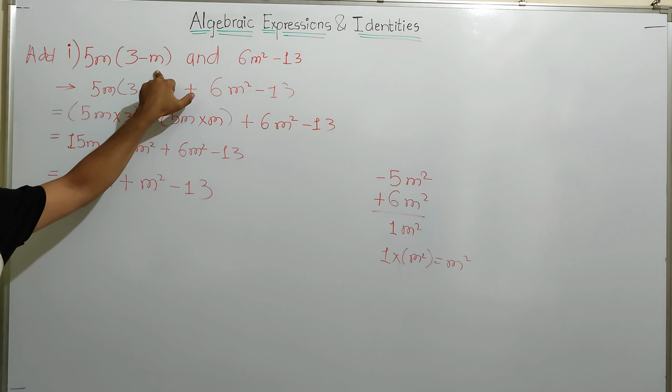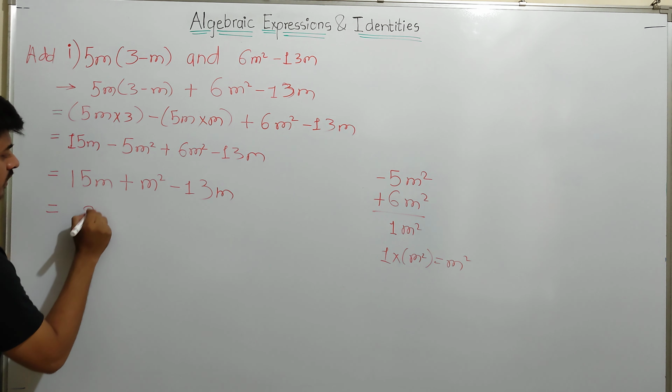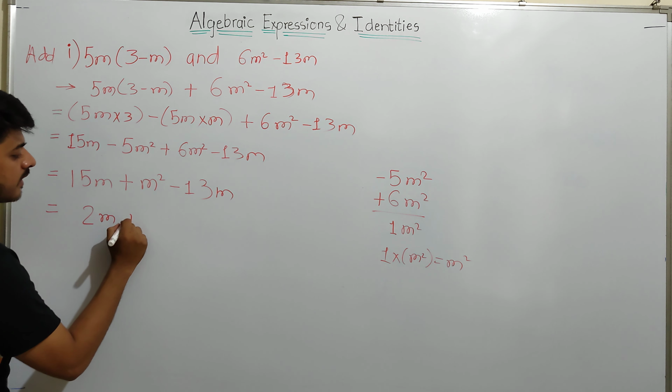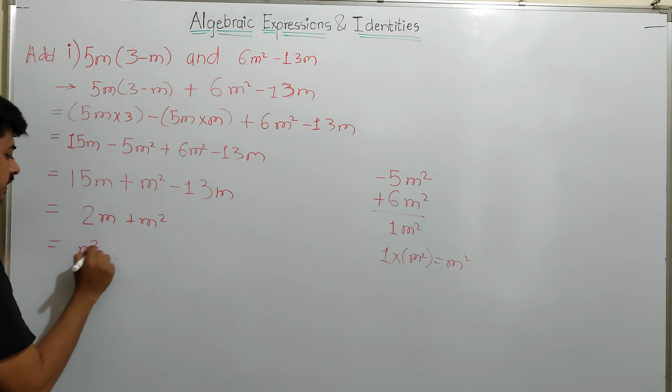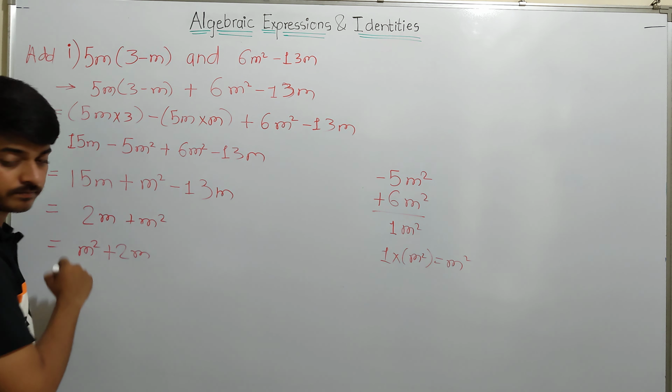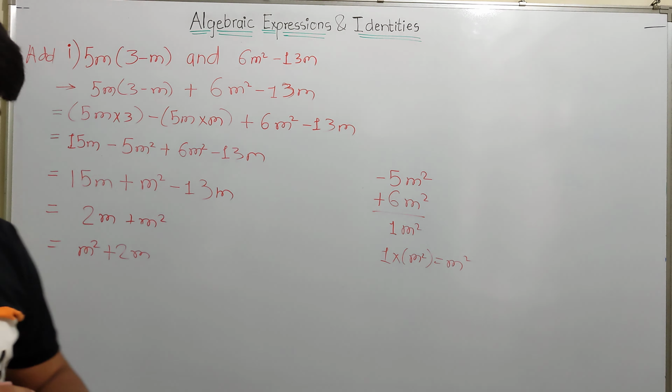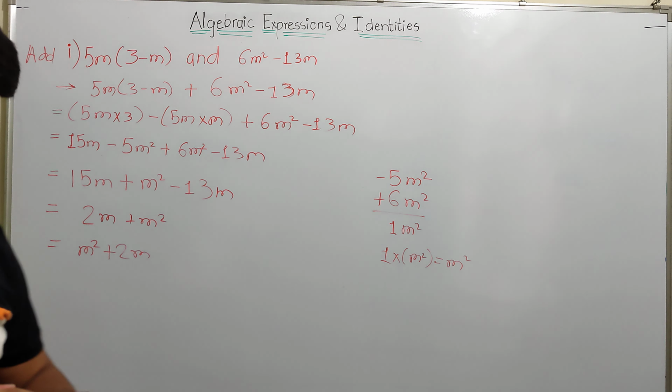Now see here, 15m minus 13m is 2m, plus m square. They have written m square plus 2m. The thing was, I didn't write the question carefully. I'm sorry for that.